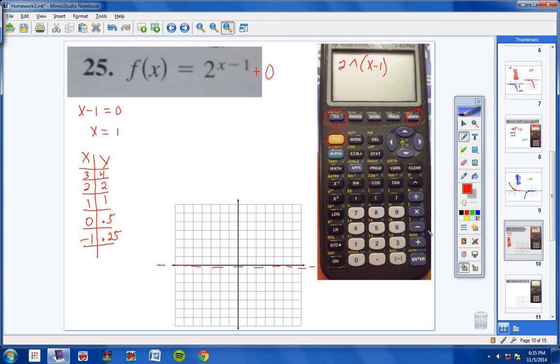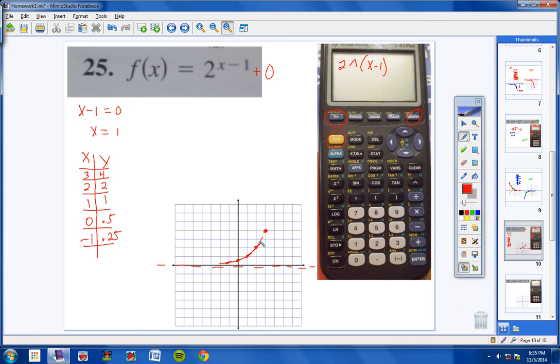So with that in mind, here's the graph. Over 3, up 4, over 2, up 2, over 1, up 1, over 0, up a half, over negative 1, 0.25. So there we go.